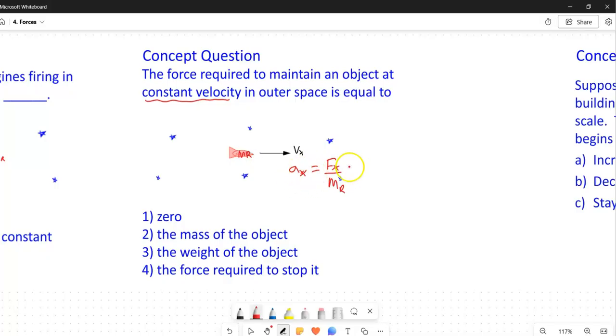If it has an acceleration of 0, which means constant velocity, then since the mass cannot be 0, this force has to be 0. In other words, if something is moving at constant velocity, there is no force being applied to it. It is just moving under its own inertia at a constant velocity in a straight line. So the force required to keep an object moving at constant velocity is 0.